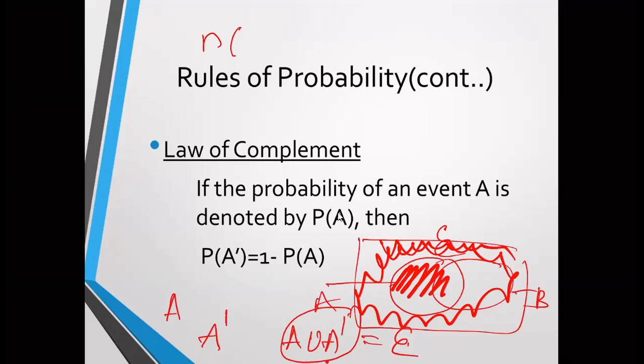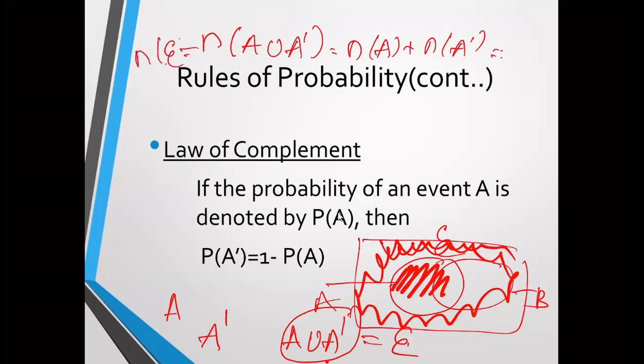Therefore, if we want to find A union A dash, we can write it as N(A) plus N(A dash). And we know that N(A union A dash) is equal to N of the universal set, the number of elements in the sample space.